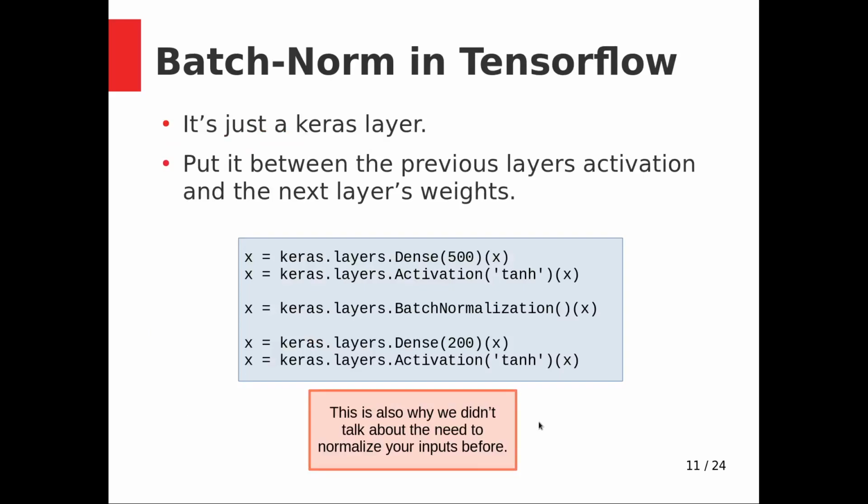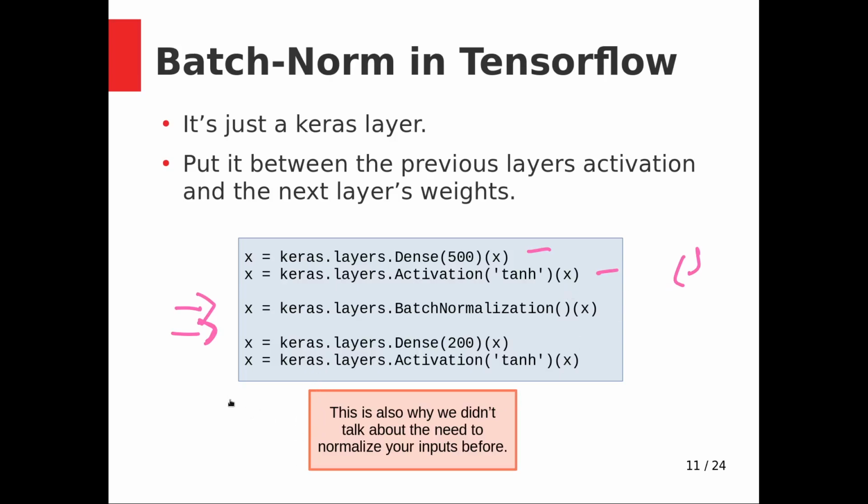So batch norm in TensorFlow is incredibly easy. It's just a layer, right? You just insert the batch normalization layer, and that's it. You will have to do this at every layer whose activation you want to apply batch norm to, right? So this is going to apply batch normalization to the output of the logical layer defined by this weight matrix and this activation, right?